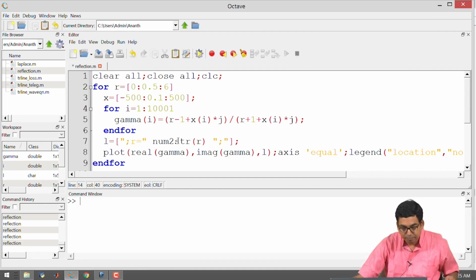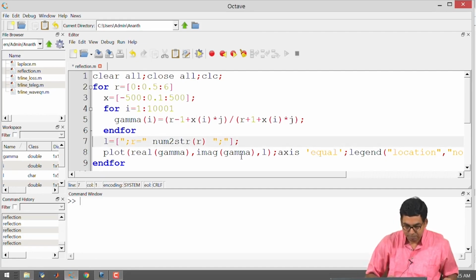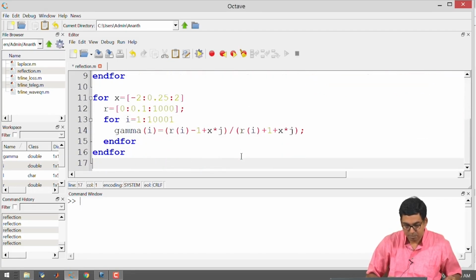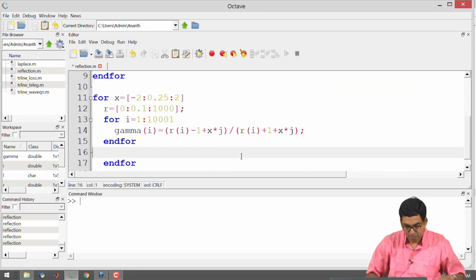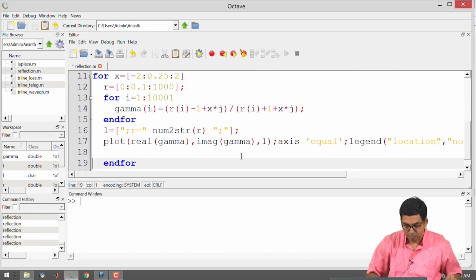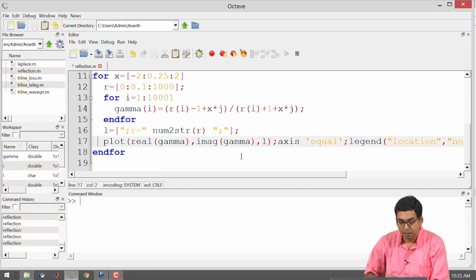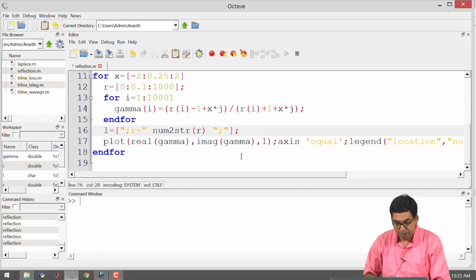So, I am going to be copying the plot commands from here. And I want to be able to plot real part of gamma, imaginary part of gamma with some string. Here the value of x is changing, so I am changing the legend string to reflect that.